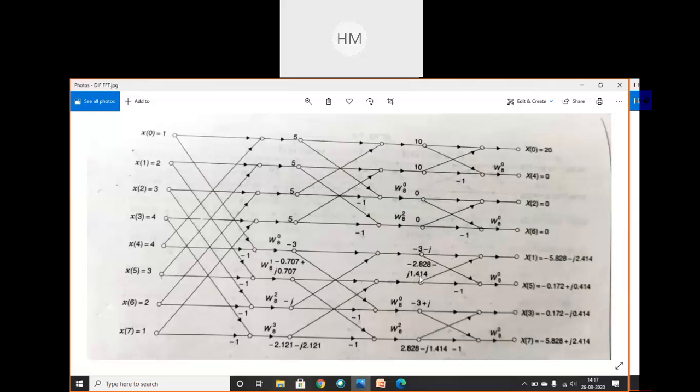Just check it and reply in the chat box. Where you have to write W, that is clear. And where you have to write these values. After finding this, you have to write the value. Intermediate values सब check कर लो अपने अपने इसमें कहाँ लिखना है. That is very important actually.